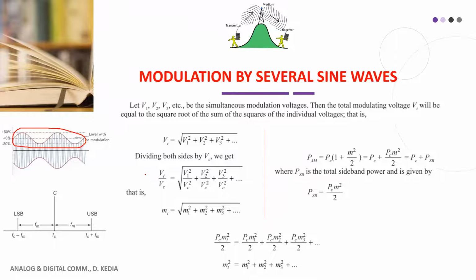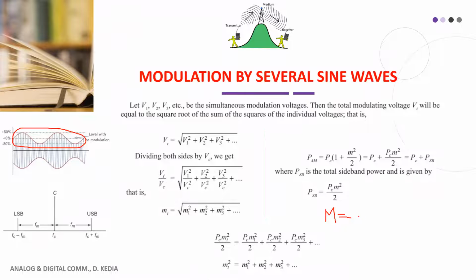All of you have studied Fourier series and Fourier transform, and with their help we can express our given signal. If my signal is periodic, then with the help of Fourier series, I can express my modulating signal as a sum of various sinusoidal components.